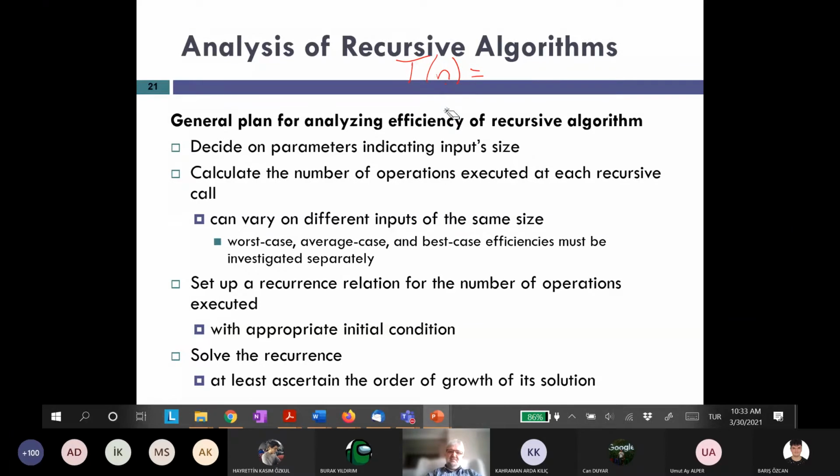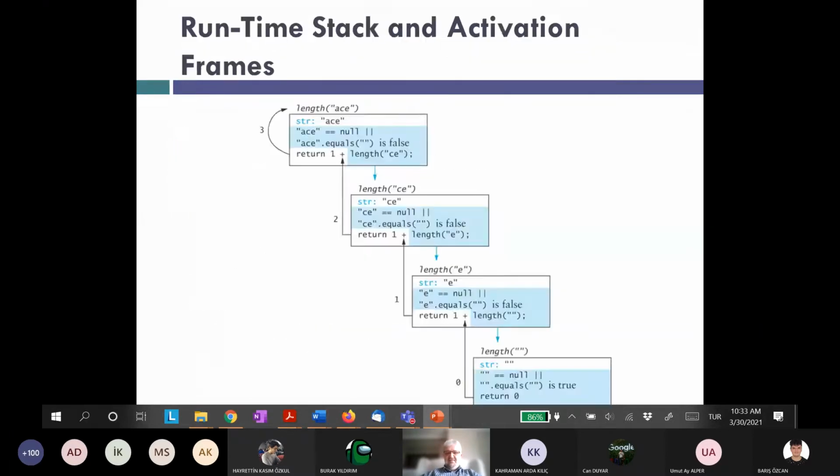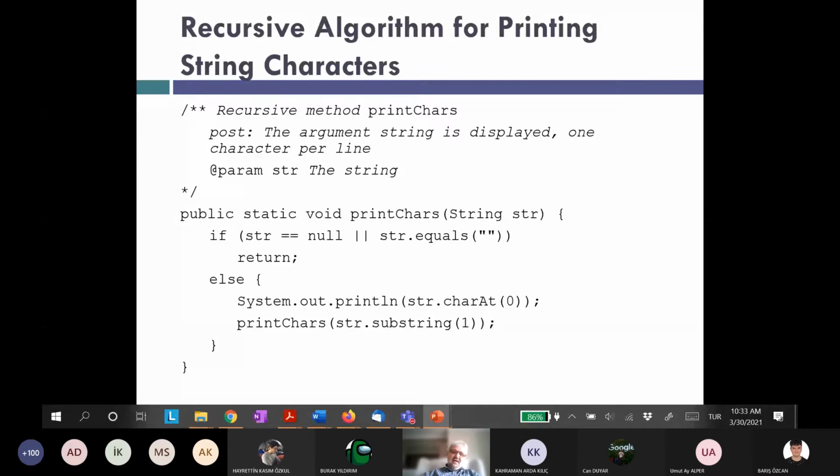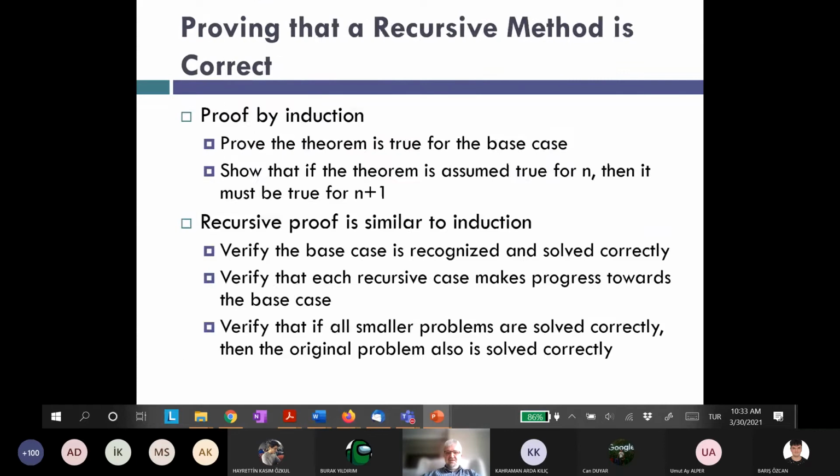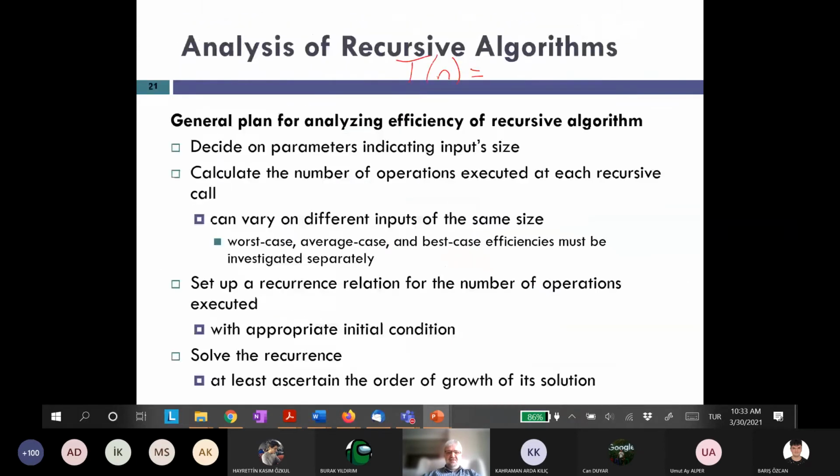For example, here n is the size of the string, the number of characters in the string. So first we have to identify how we are going to measure the input size or problem size. That is the first step in algorithm analysis, in analyzing recursive algorithms as well.